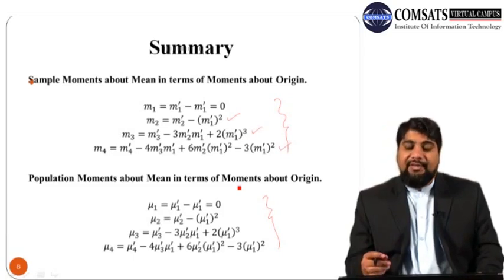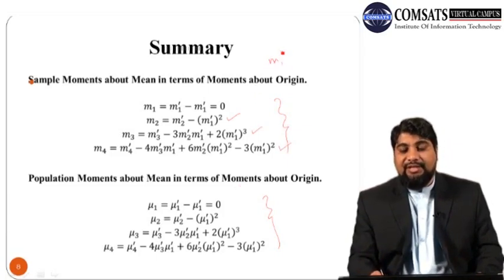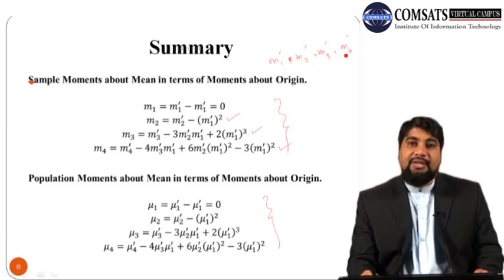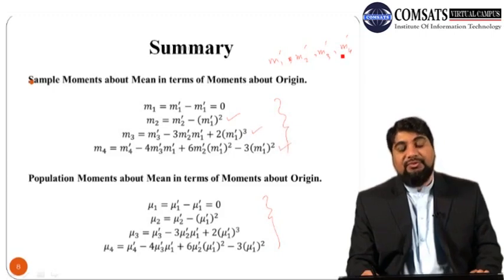Suppose in a question you are provided with the values of m1', m2', m3', and m4'. From these four moments, the question is to calculate m1, then m2, m3, and m4.